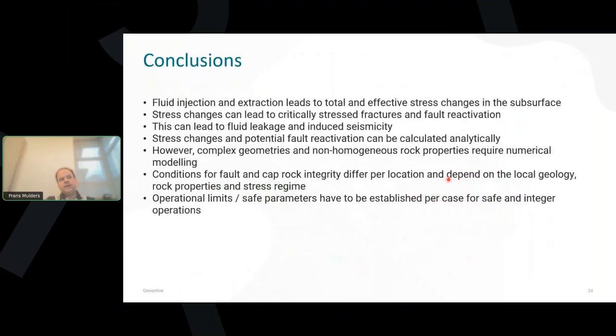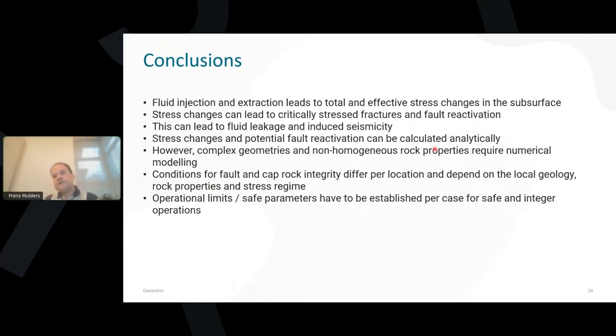So we saw that fluid injection and extraction, both cases, can lead to stress changes, both total stresses, but important for fault reactivation are the effective stress changes. We can reactivate faults, both when we extract fluids and when we inject fluids, and that can lead to leakage and induced seismicity.